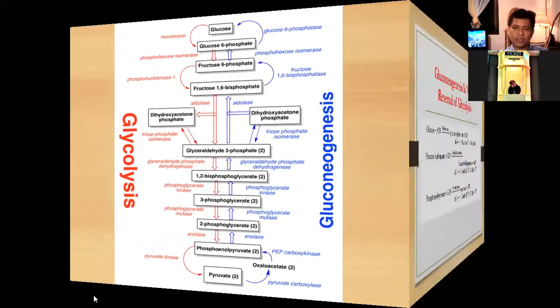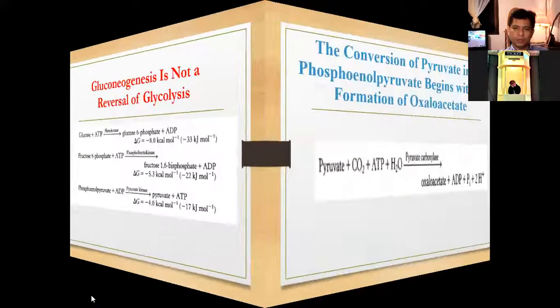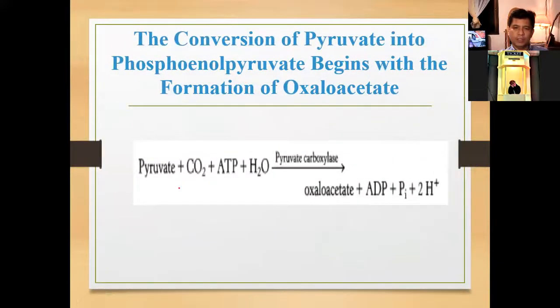Merong tatlong reactions na iba yung enzyme na ginamit. Ano? So gluconeogenesis is not reversal of glycolysis because of these 3 enzymes. So irreversible kasi yung tatlong enzymes. Ano? Yung hexokinase, yung PFK, at saka yung pyruvate kinase. So, yun. Instead of that, it uses 3 different enzymes.